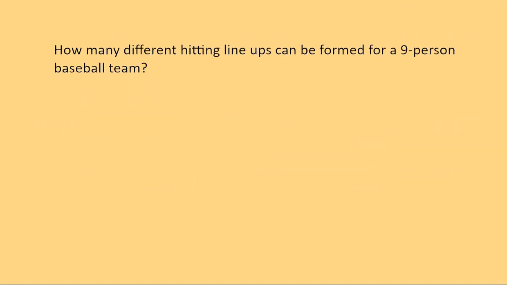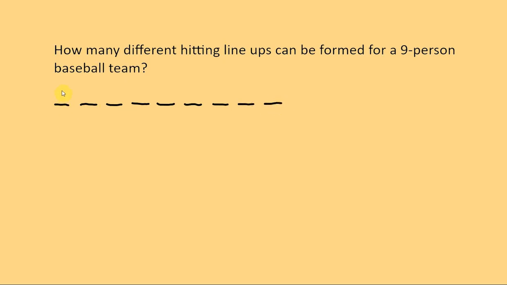How many different hitting lineups can be formed for a 9-person baseball team? If we want to use all 9 people on the team for the lineup, let's put our 9 blanks. 1, 2, 3, 4, 5, 6, 7, 8, 9.